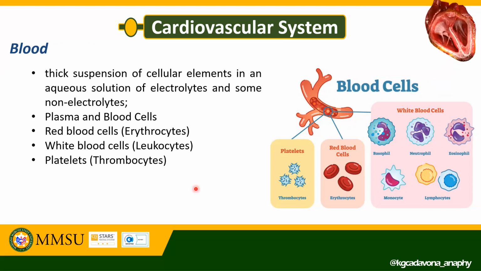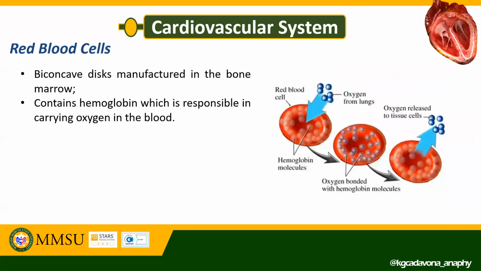Now we have the different components of blood, the plasma and then the blood cells. These blood cells are the red blood cells, the white blood cells, and platelets. So let's try to go through them one by one. When we see red blood cells or the erythrocytes, these are usually biconcave discs manufactured in the bone marrow of the animal.